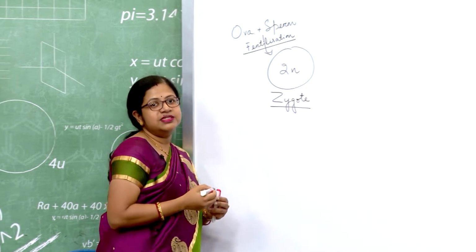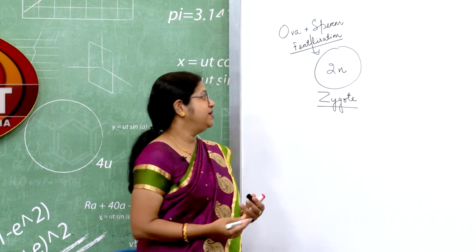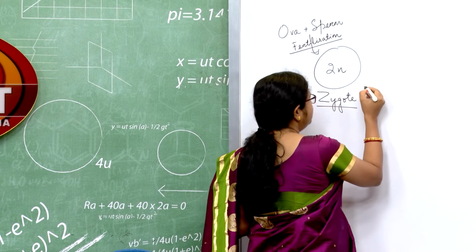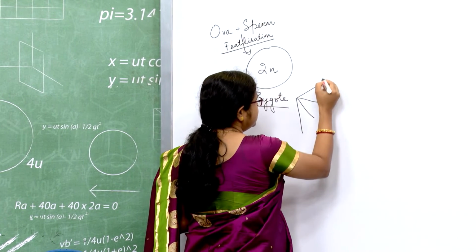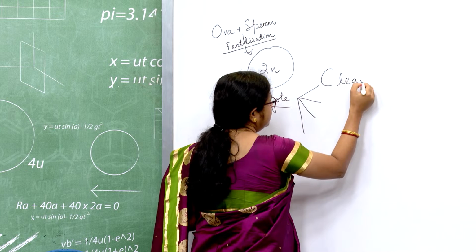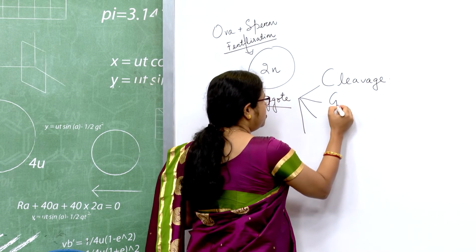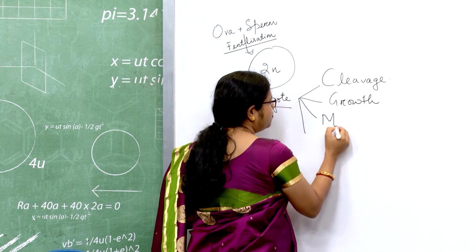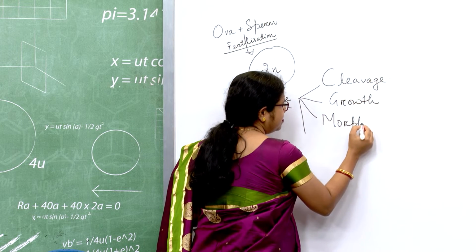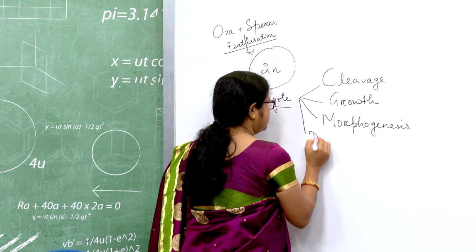Now, how will this zygote develop into a complete human being? This zygote will undergo certain changes. What are those changes? Those changes are cleavage, then growth, then morphogenesis and differentiation.